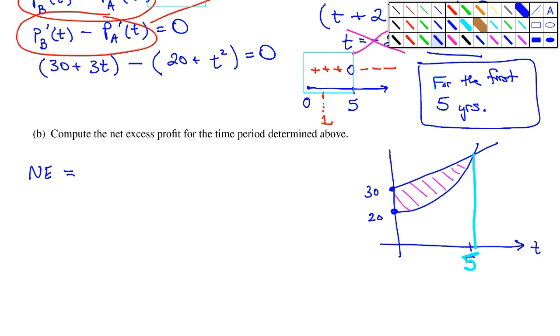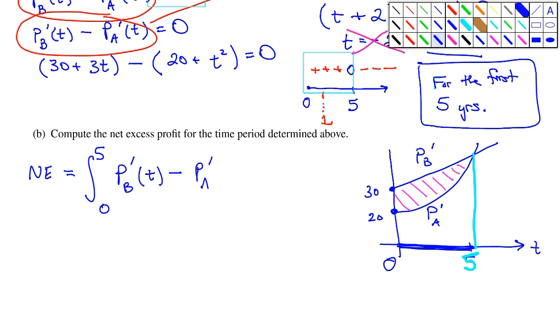So the net excess is the integral from 0 to 5, because we're integrating from 0 to 5. And then it's going to be PB prime minus PA prime. Because again, we take the top one minus the bottom one. And then we work this out.